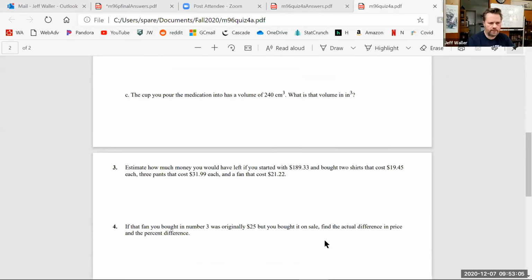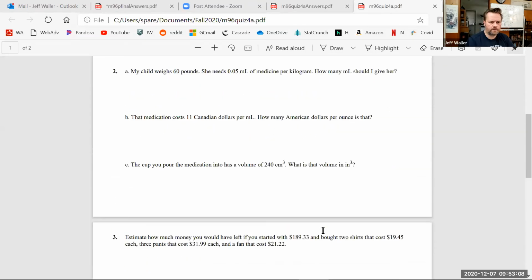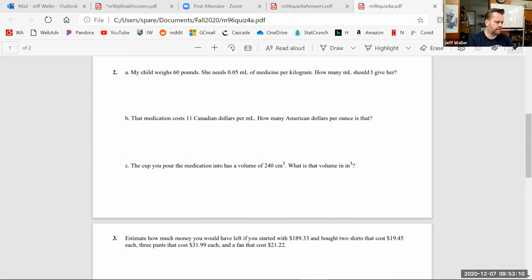Let me pull up a blank copy of this thing. There we go. I need to change Canadian dollars to American dollars. I also need to change milliliters to ounces, but let's do one thing at a time.